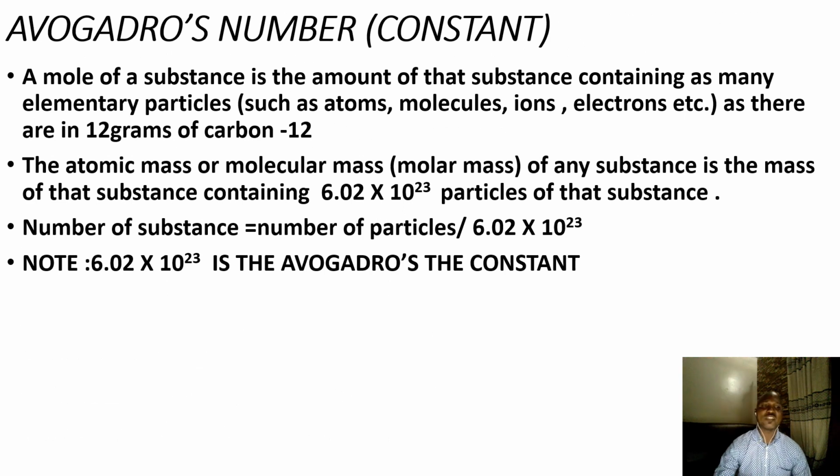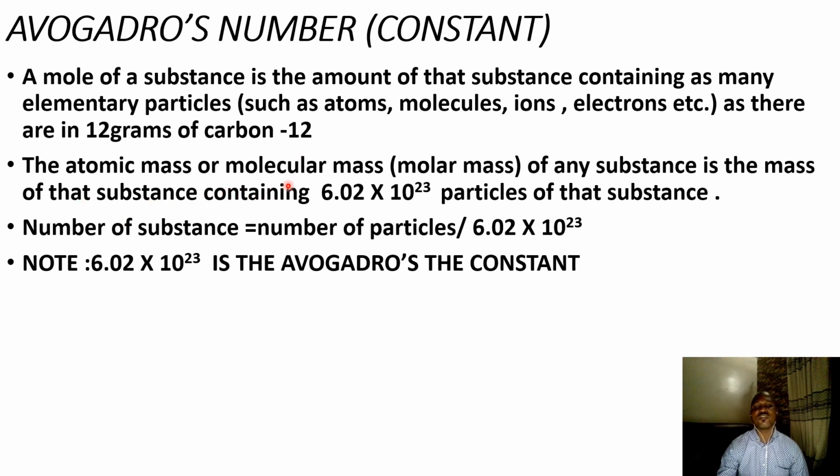Now let's move further to the concept of Avogadro's number, another word is Avogadro's constant. You can call it Avogadro's number or Avogadro's constant. Now, a mole of a substance is the amount of that substance containing as many elementary particles. Remember I said those particles are atoms, molecules, ions, or electrons, as there are in 12 grams of carbon-12.